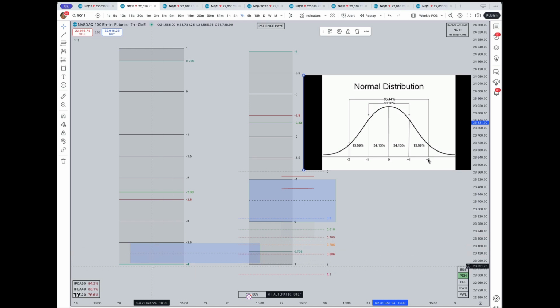If I drill this and the price is around this 3.5 and 4, I will take a trade around this zone.